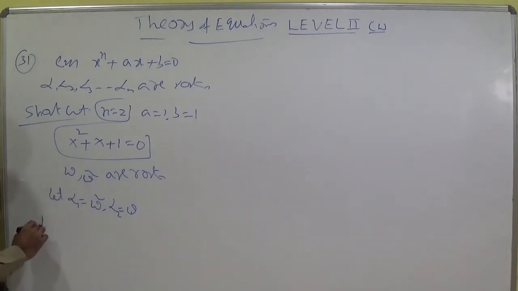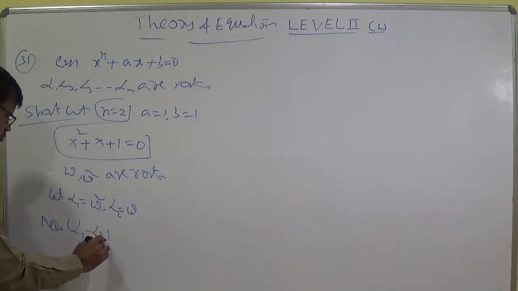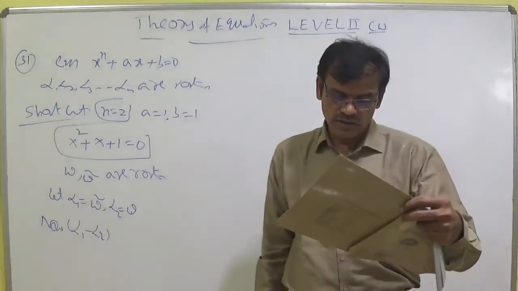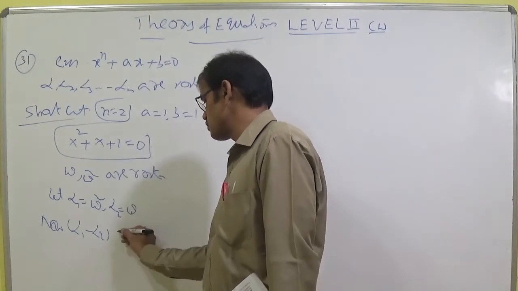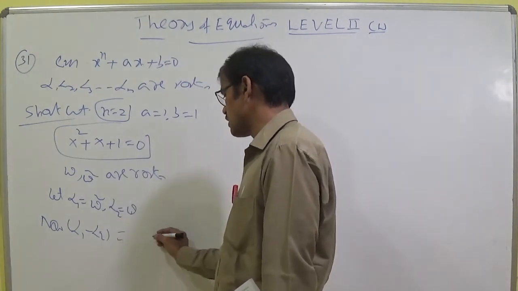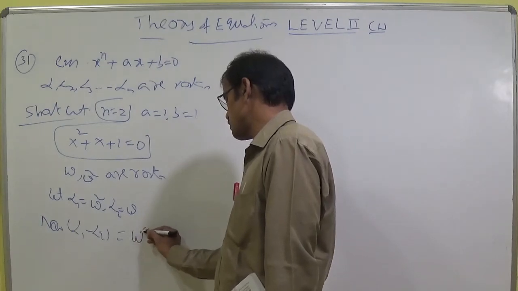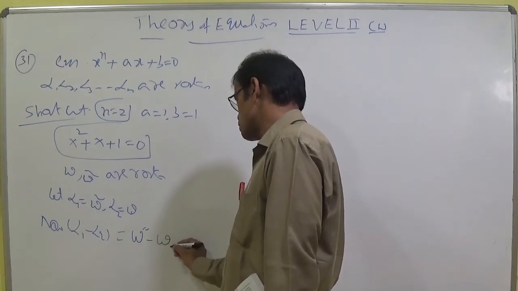Now he is asking to find alpha 1 minus alpha 2 into alpha 2 minus alpha 3 into alpha 3 minus alpha 4, and so on. Since I have taken n as 2, simply calculate alpha 1 minus alpha 2. Alpha 1 means omega square, minus alpha 2 means omega.